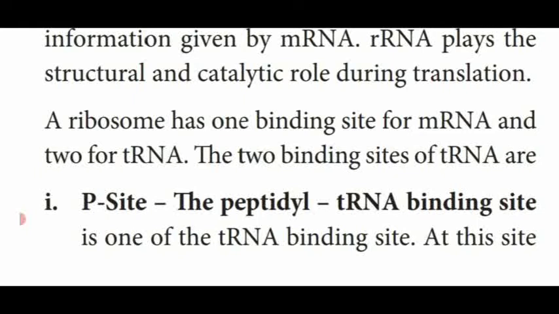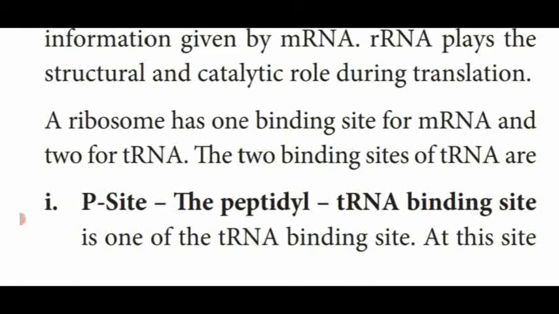We are going to see the two binding sites of tRNA. One is the P site, another one is the A site. P site means the peptidyl tRNA binding site. It is one of the tRNA binding sites. At this site, tRNA is held and linked to the growing end of the polypeptide chain.